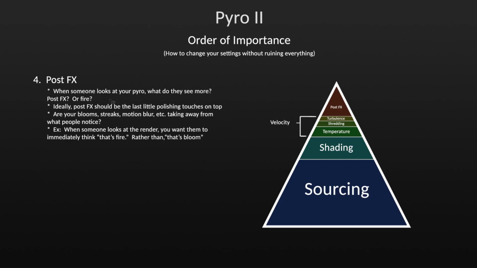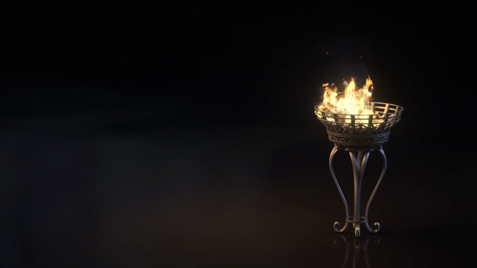So that is what you want with post effects. It's all about being tasteful. With post effects, you want to try to be as tasteful as you can. And when someone looks at your render, you want them to think that's fire rather than that's bloom, or, oh yeah, that person just used a ton of motion blur. Whatever it might be, you want them to think about the thing that you made.